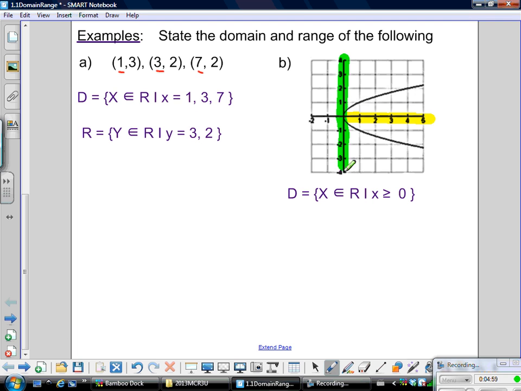The same thing when it comes to the negative values along the y. It appears that this sideways parabola is going to keep on going with nothing stopping it. So in this case, our range is also the set of real numbers. Unlike the domain, where there was some kind of restriction, y can be any real number, positive or negative. That is how we do the domain and range given a graph.